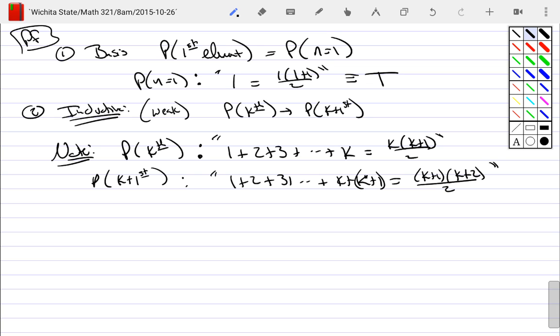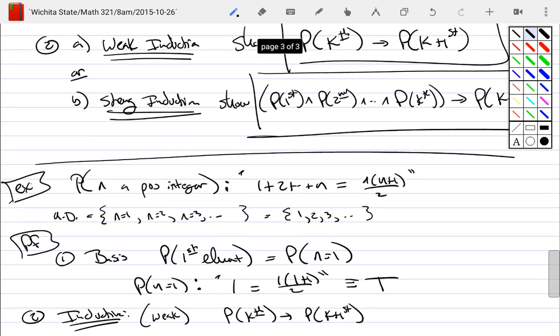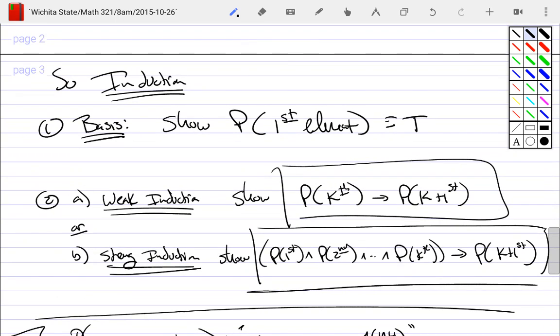Right? So what are we doing? This equality needs to imply the bottom equality, right? Normally, if we do this by implication, we assume the left and show the right. The left-hand sides of these implications, the P of k, are called the inductive hypothesis.